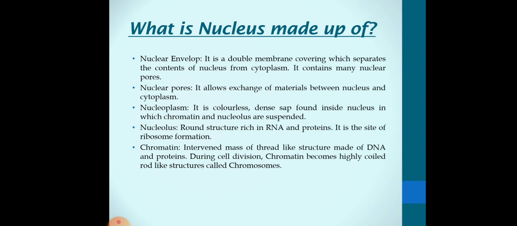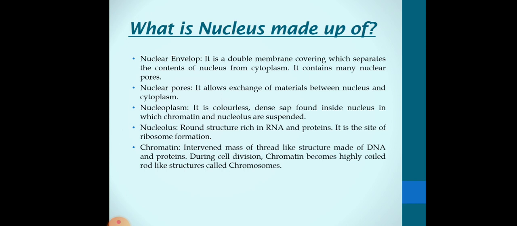Next is nucleoplasm. What is nucleoplasm? Inside the nucleus it is a colorless dense sap in which chromatin and nucleolus are suspended. So inside the nucleus there is a liquid-like structure, and that is your nucleoplasm. Next is nucleolus.